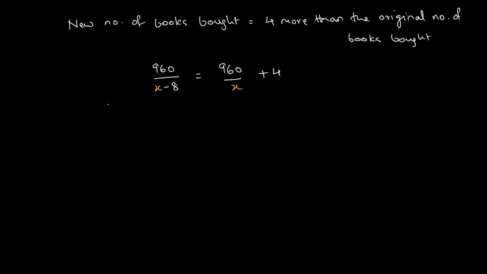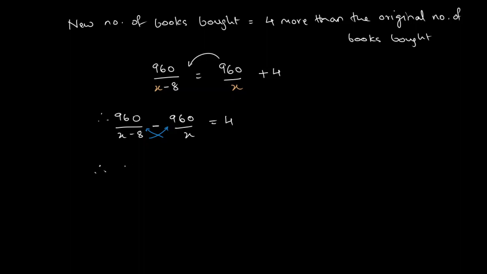Let's take the X terms together on one side of the equation. Therefore I can say 960 upon X minus 8 minus 960 upon X is equal to 4. I took this term to the other side. Now the reason why I did that is because both are 960 and are fractions. So to simplify fractions, remember we just cross multiply, take the LCM that way.